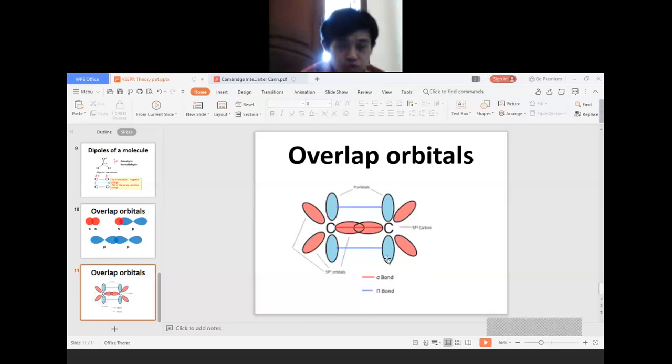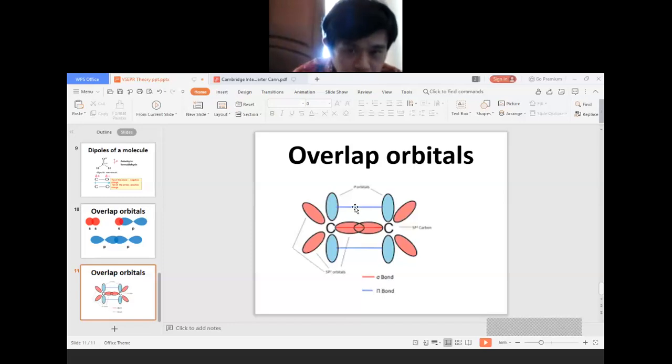It has only two bonds. Why are there two p orbitals? Because the shape of the p orbital is a loop on the top and a loop at the bottom. So these two lobes will overlap each other. That makes the double bond.